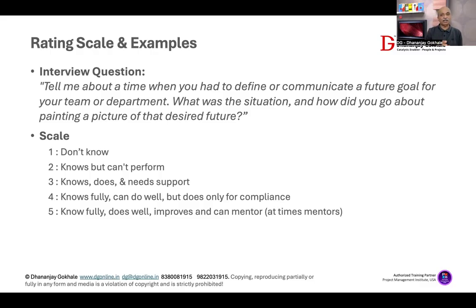Based on the answers and based on the overall perspectives of the development, I have created a 5 point scale. When I rate or score one, that means I don't know. That is the concept that particular person has expressed, or this person doesn't know the competency. Score two means knows but can't perform.